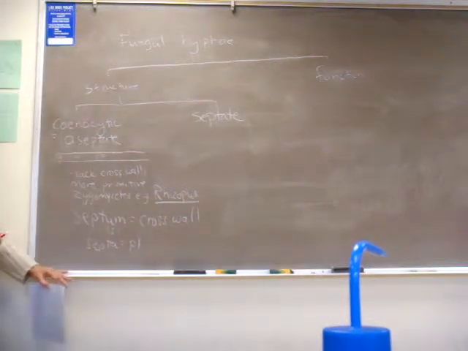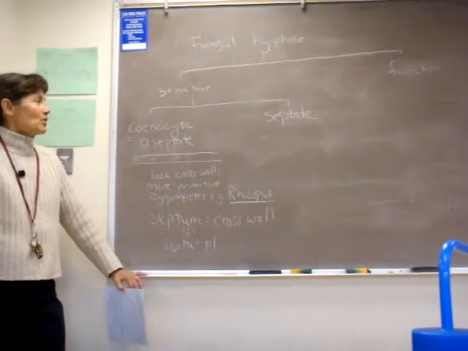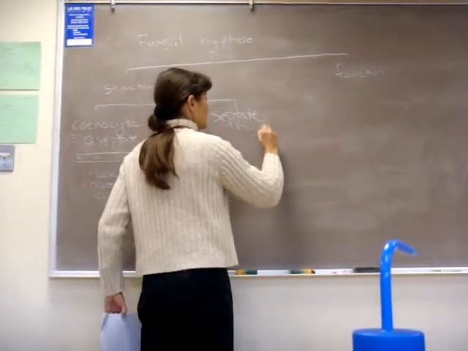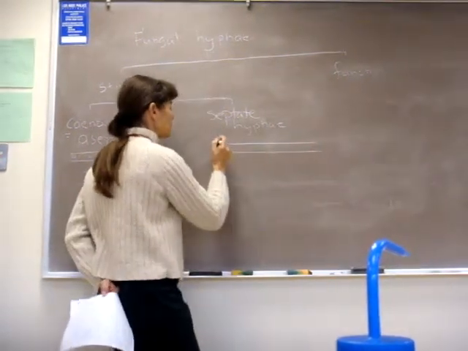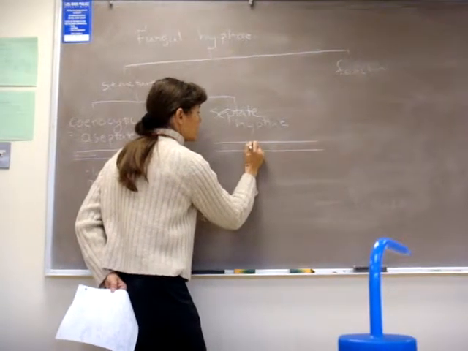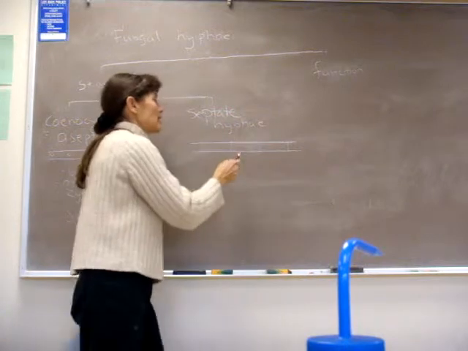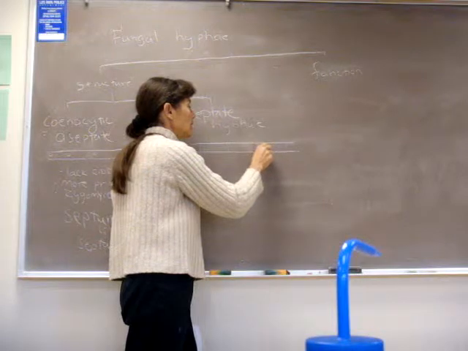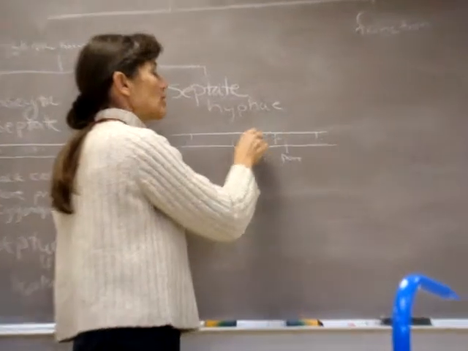Okay, Rhizopus. Now, according to the mycologists, the more evolutionarily advanced, the more sophisticated fungi have cross walls in their hyphae. So they're called septate hyphae. Septate hyphae. Okay. And again, if we zoomed in on one of the hypha with our microscope, we would see the cross walls or the septa. And what I'm trying to do here, you guys, is show the cross wall isn't complete. There's a tiny pore, so that the cytoplasmic contents can move from one compartment to the next.